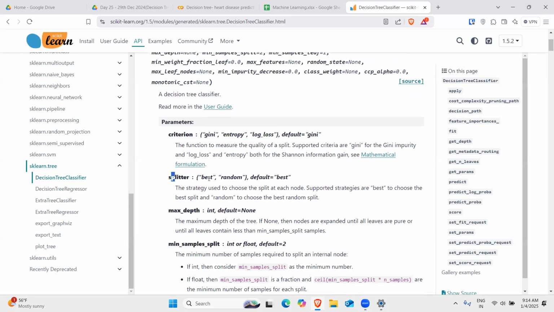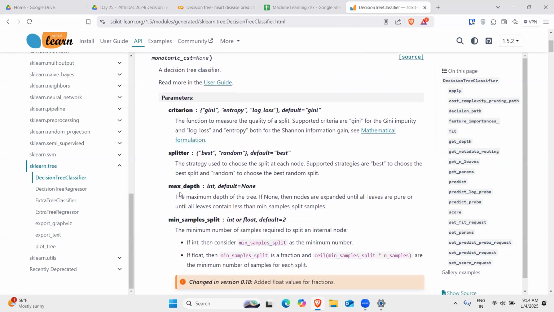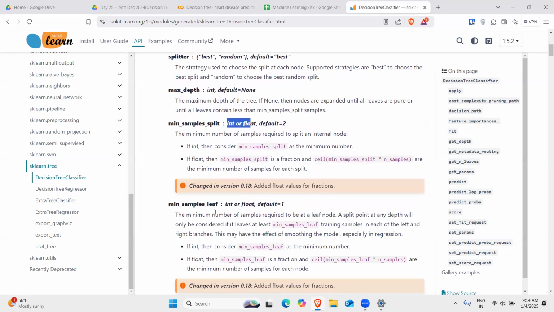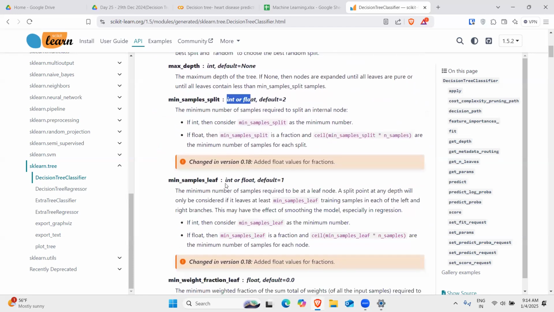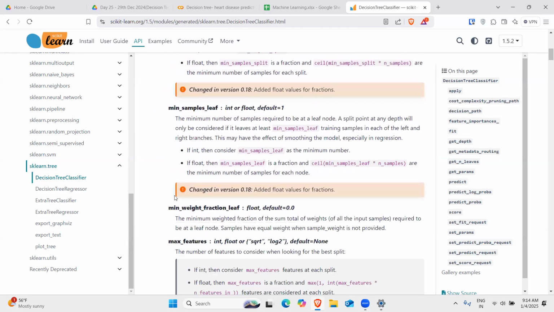If I use splitter, I can add best or random. Max depth, I can add any integer. That is the limit. Minimum sample split, any integer or float values are accepted. Minimum sample leaf, any integer or float value is accepted. Minimum weight fraction is any float value. Maximum features is any integer, float, or square root or log 2 value.